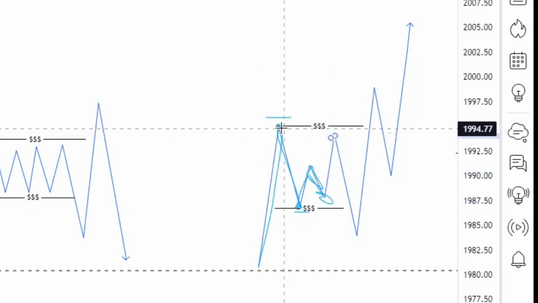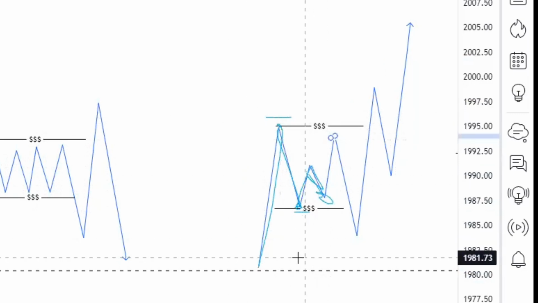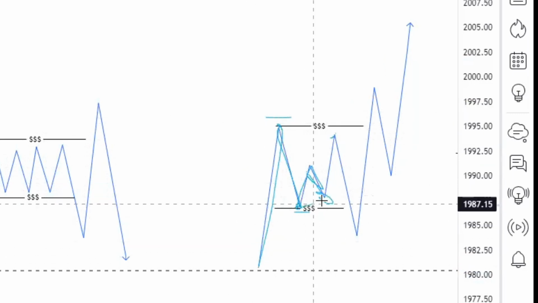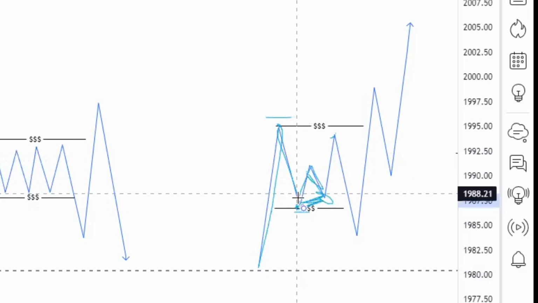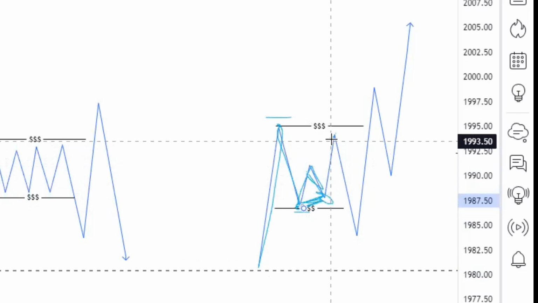Now, this high is very close to the previous high. You might want to call them equal highs, but they are just highs with liquidity lying above them. And these lows also have liquidity lying below them, because the retail traders are going to say, hey, this is a double bottom, so we should buy. Then they're going to go and buy. Innocent people. So they buy, and what is going to happen next?